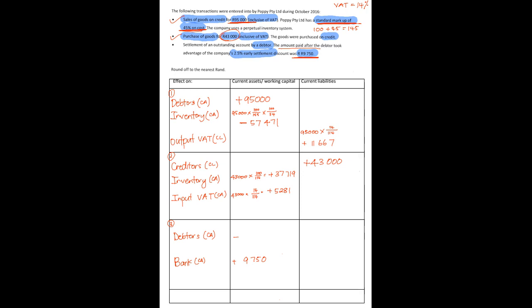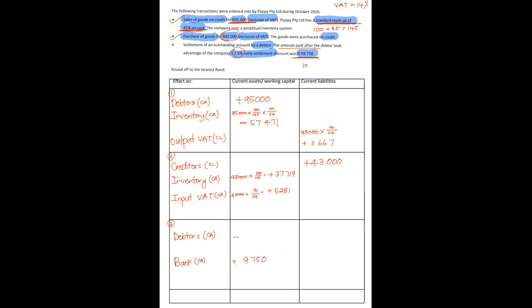So we need to know what the amount would have been before the discount. So if it is an early settlement discount of 2.5%, let me write out here.